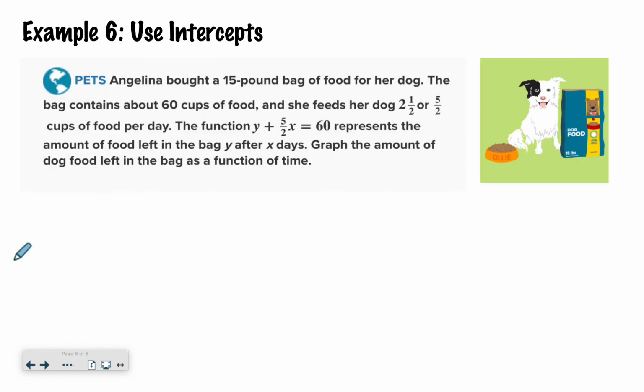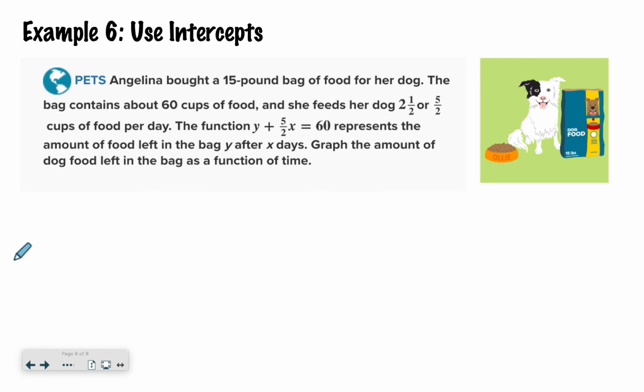All right, let's do one word problem and talk about what intercepts mean in a word problem. You guys kind of did this already in the last chapter, so hopefully it won't seem too bad. Okay, so we have: Angelina bought a 15-pound bag of food for her dog. The bag contains about 60 cups of food, and she feeds her dog 2.5, or 5/2, cups of food per day.